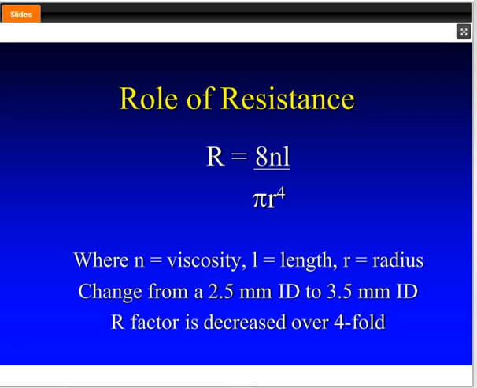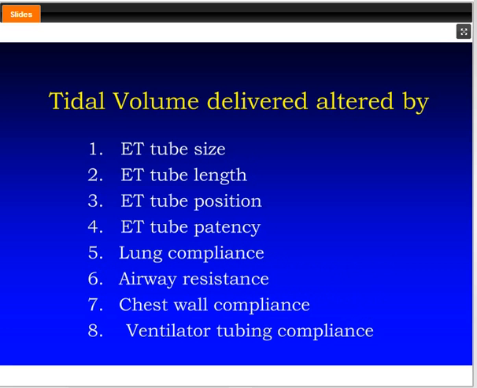So how is tidal volume altered then? ET tube size, ET tube length, ET tube position, patency of the ET tube. So remember that as the ET tube builds up secretions on the inside, it's becoming smaller and resistance is going up dramatically.